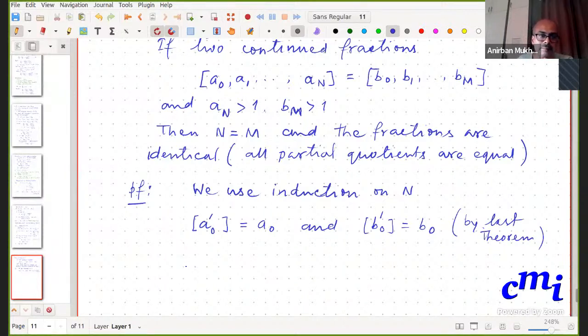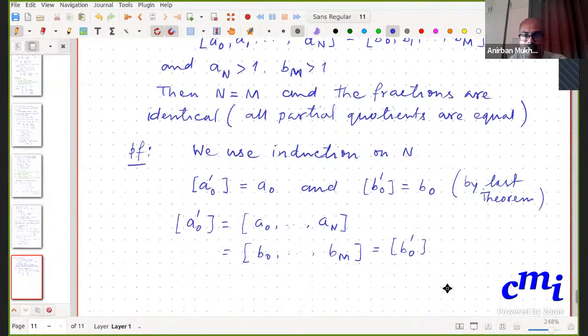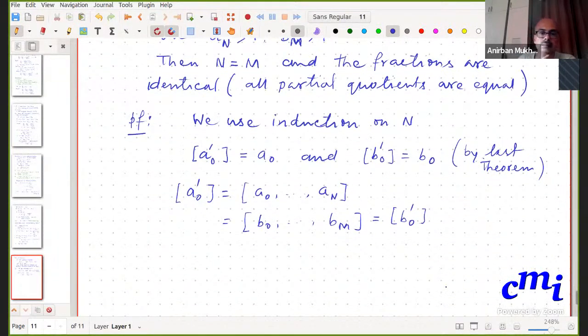So that's the number. So A naught dash is actually this whole thing, which is the same as the other one. That's the assumption. And this is B naught dash. The 0th complete quotient is the fraction itself.